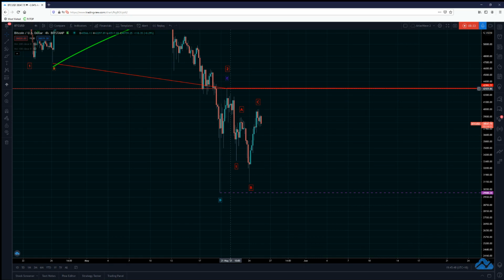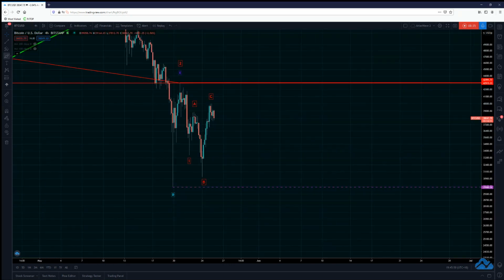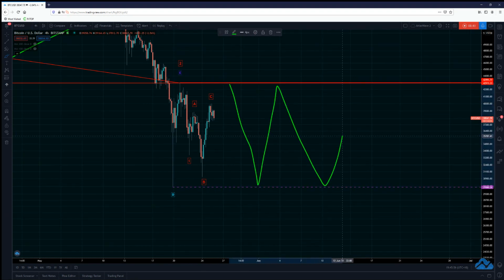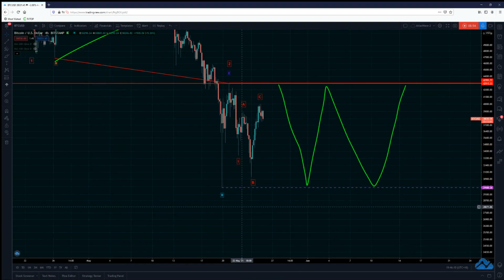Basically, this is the area of importance right here, right? In this area, okay? So if we break above this area, we have to readjust the count. We have to reanalyze the situation. If we break below it, then the idea is confirmed, okay?